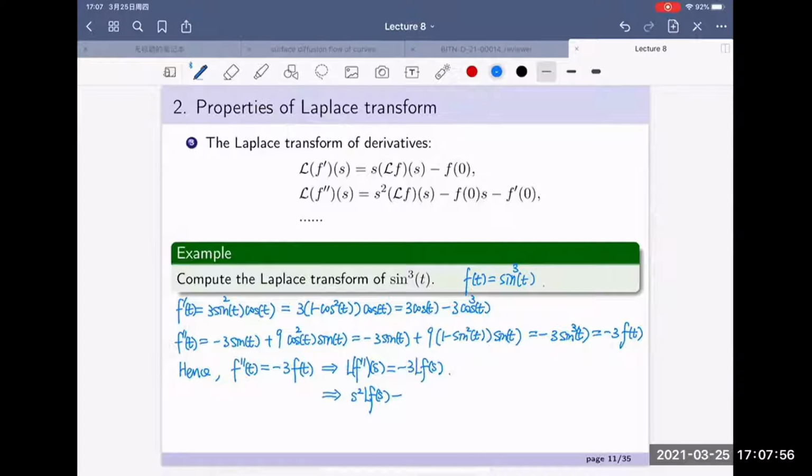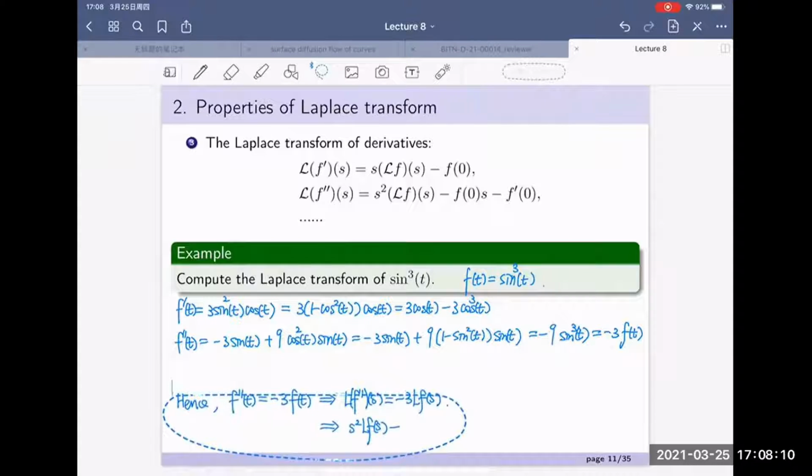If this is 9, then you get minus 9 here. You get 6 sine t minus 9 times f of t.